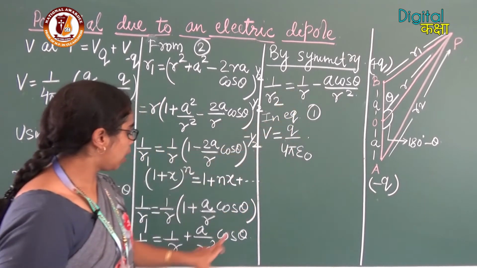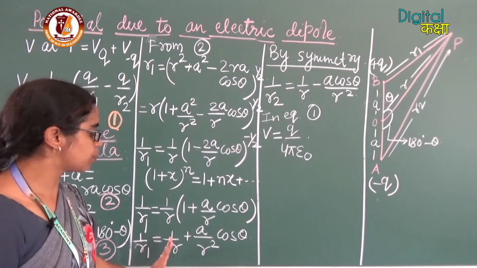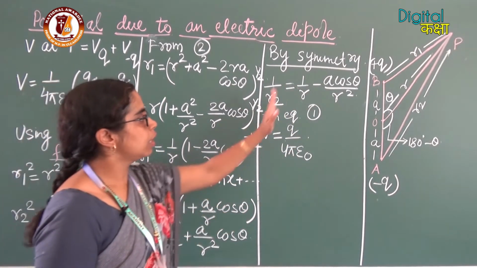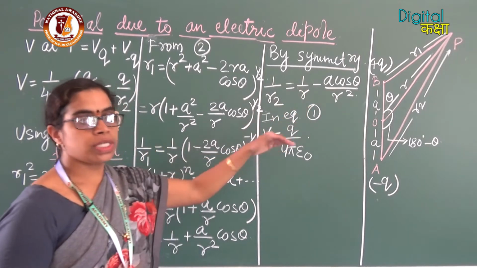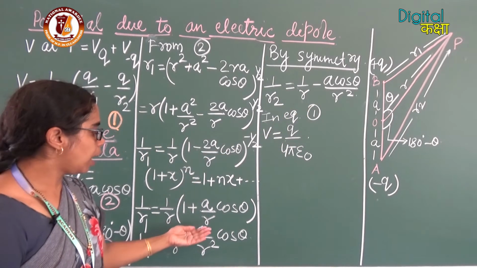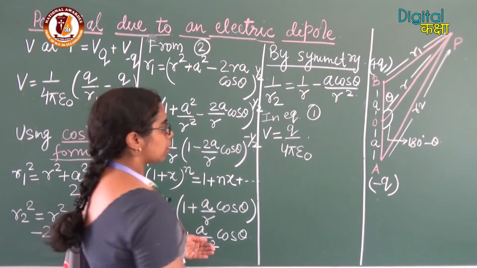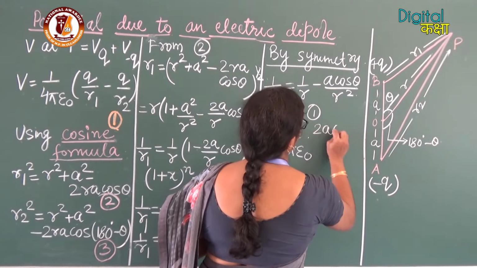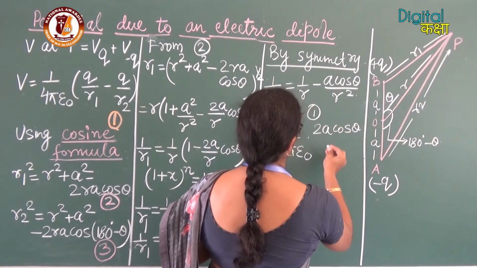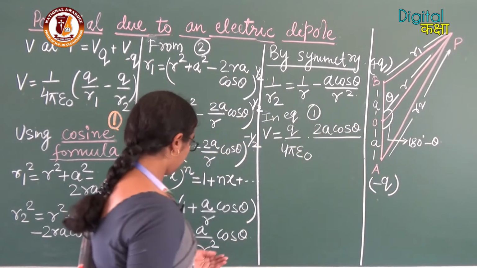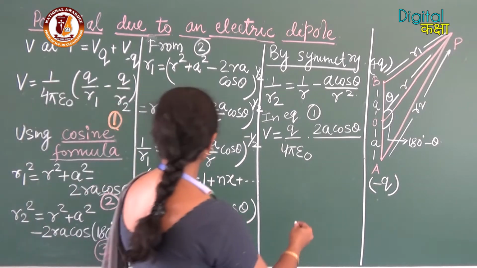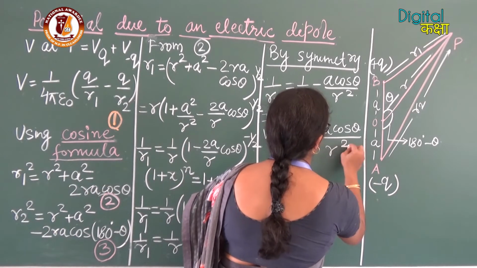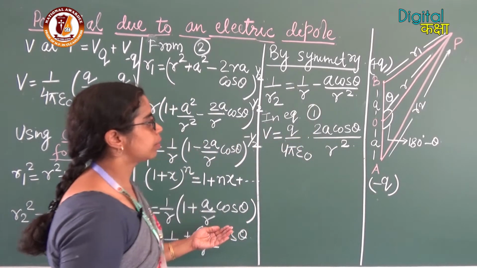Since this 1 upon R is with positive sign and here with negative sign, these terms are cancelled out, and after solving it, we will get 2A cos theta upon R square.